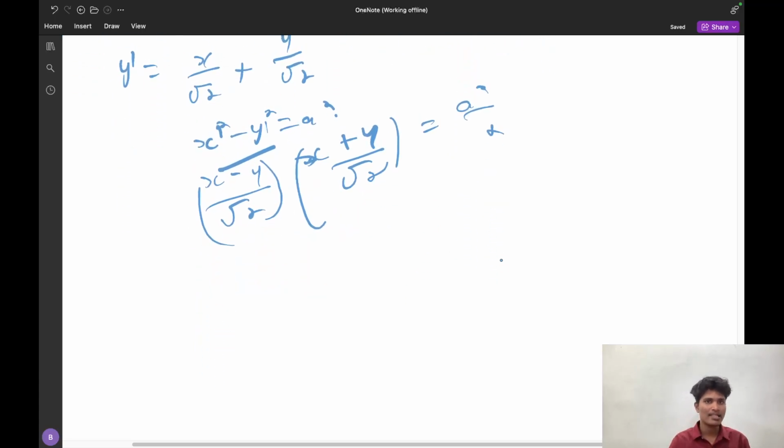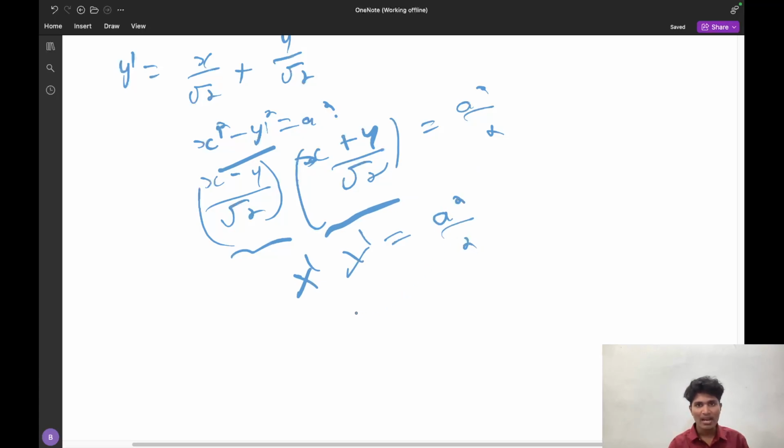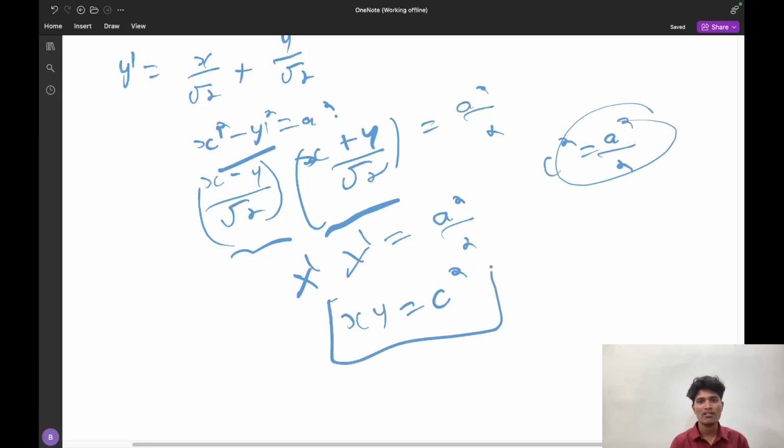If I generalize this, x minus y by root 2 into x plus y by root 2 is equal to a square by 2. If I write this as x dash and this as y dash, and a square by 2, this can be written as xy is equal to c square, where c square is equal to a square by 2. So we have generalized the thing. So xy is equal to c square is the rectangular hyperbola equation.